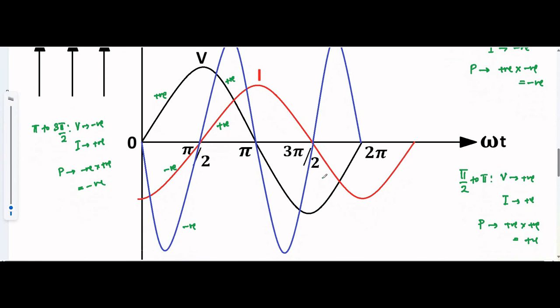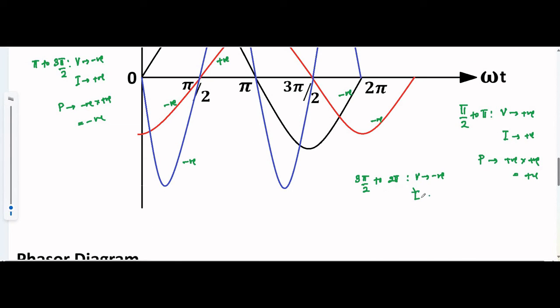Then from 3 pi by 2 to 2 pi, voltage is negative and current is also negative.